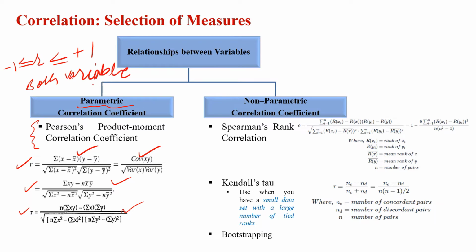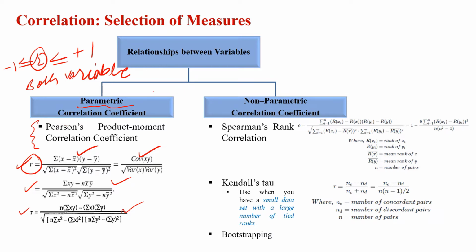And the second thing is they must follow the normal distribution. Then in that scenario we can apply the product moment Pearson correlation coefficient. This R value is basically the descriptive value of the correlation, meaning the relationship between the two quantitative variables.